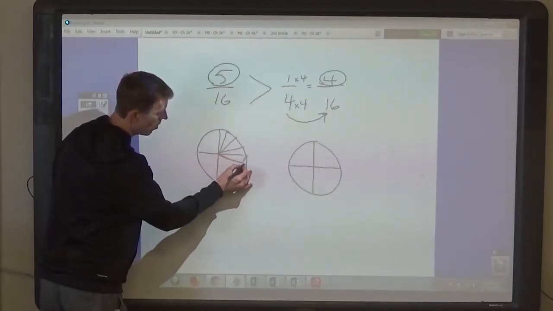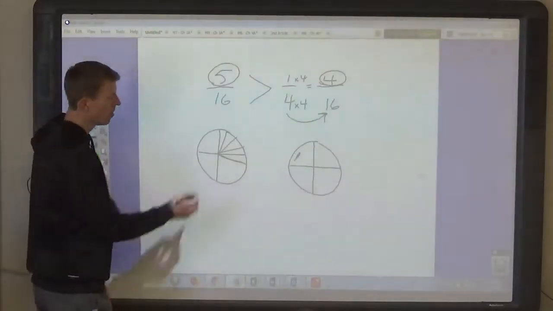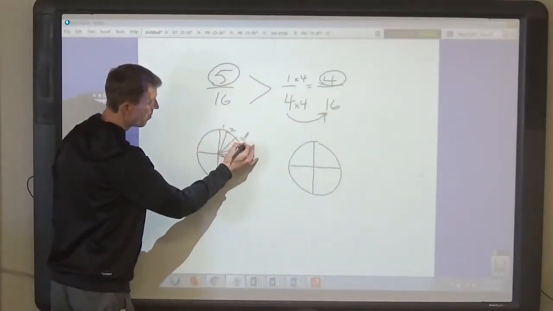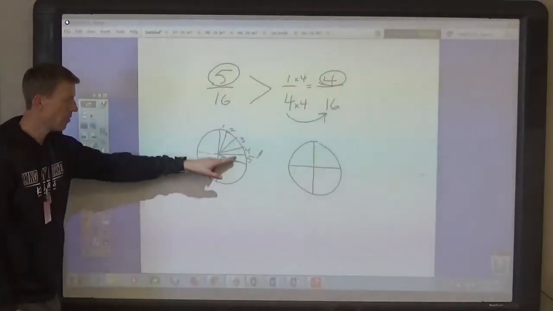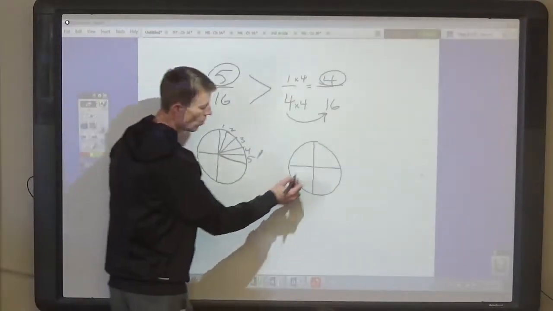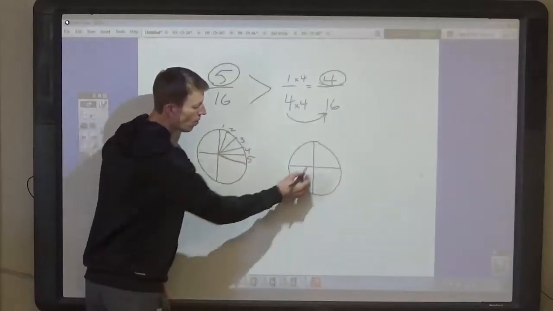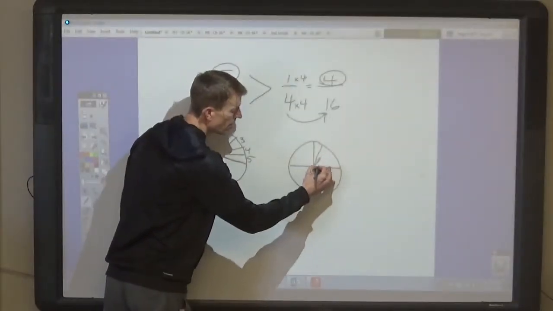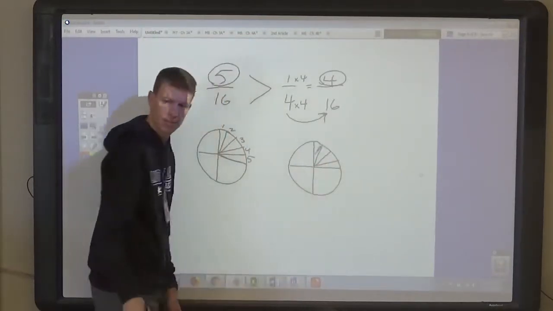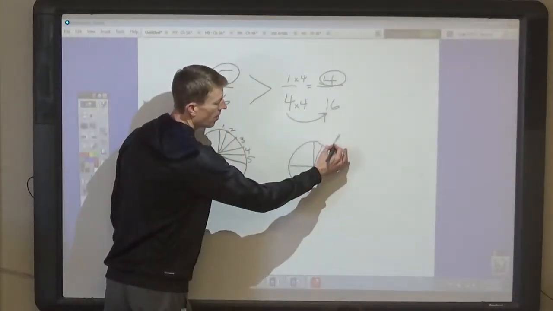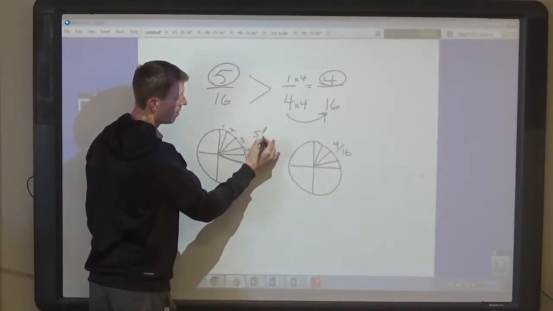It's a little bit more than 1/4. See, 1, 2, 3, 4, 5. 5 pieces that are the 16ths would be bigger than 1/4. Because if we cut 1/4 into 16ths, and there was 4 pieces on each of these, then 4/16 is less than 5/16.